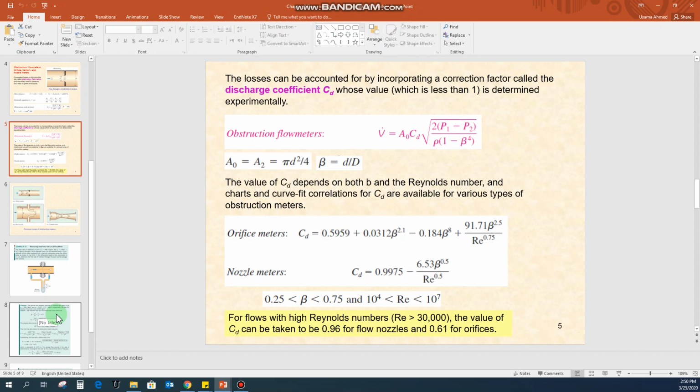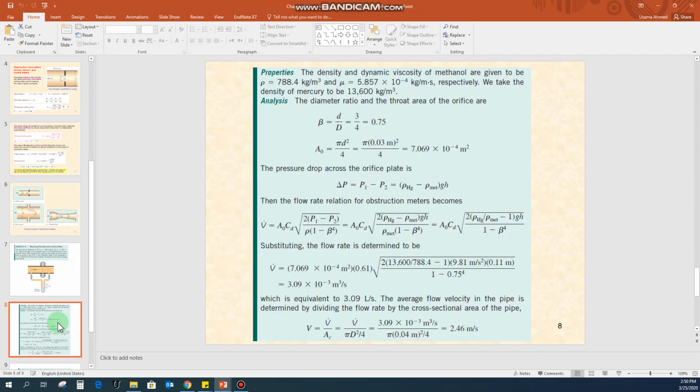Depending on the construction and the pressure drop caused by the orifice meter, these values can change slightly, so we have to do iterations to get the exact value. But as a good estimate, we can start with the values provided in the literature. So here we use 0.61 for the discharge coefficient, and then we get the volumetric flow rate.